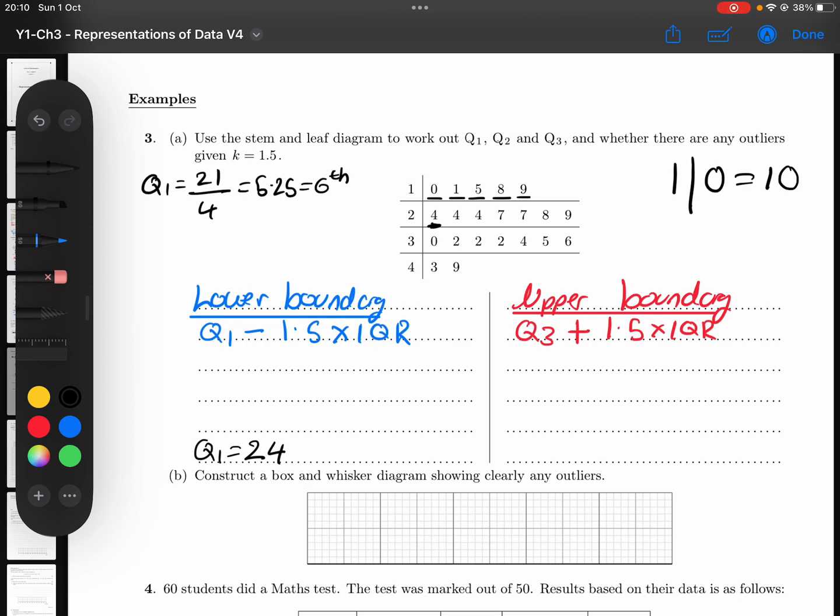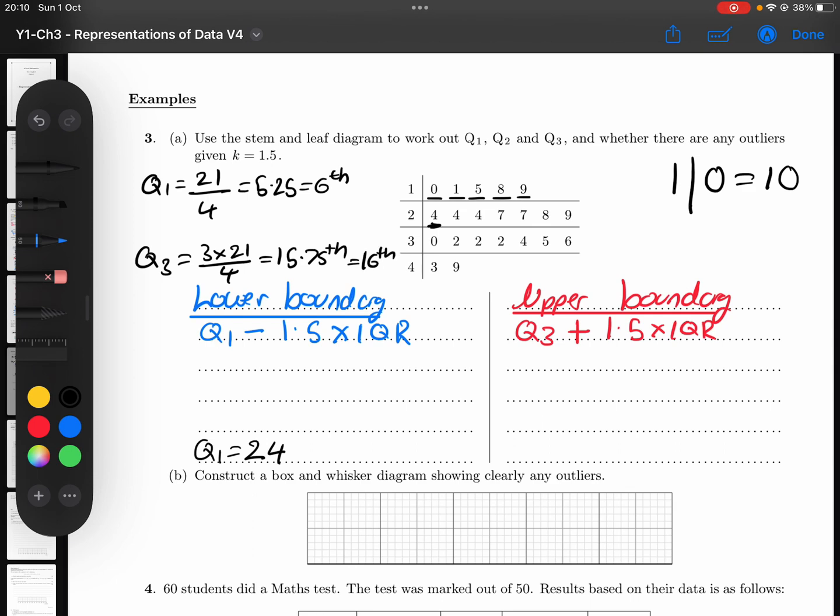In a similar way, we can work out the upper quartile. 3 times the total number of data points divided by 4, which would be the 15.75th data point. And again, we round this value, so we're actually looking for the 16th data point.